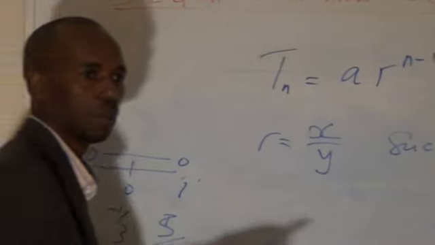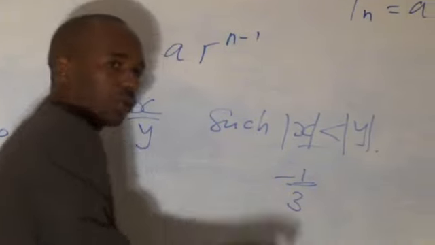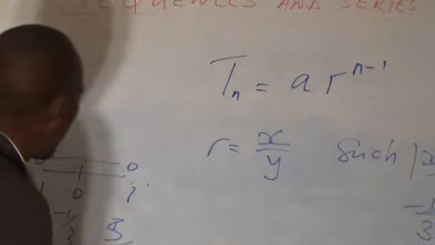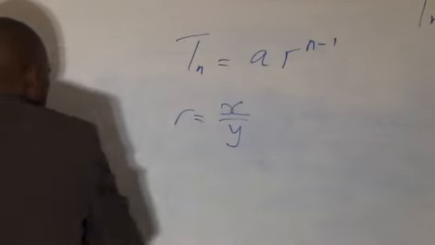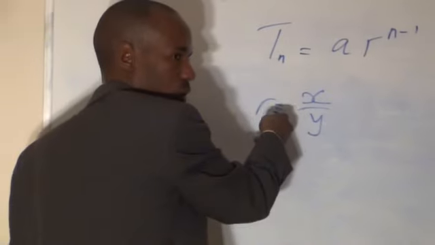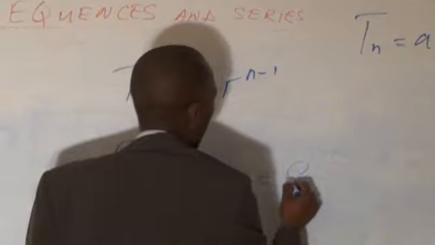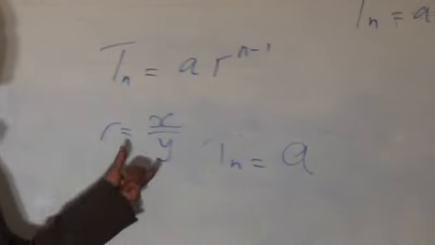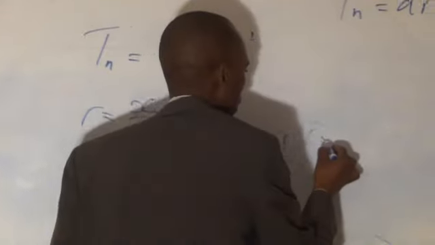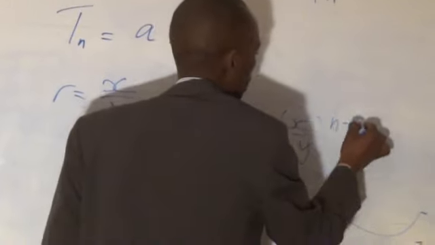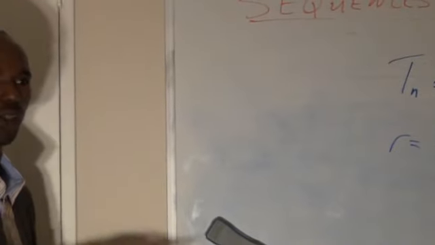If I look at the absolute value of x, it's still going to be less than y. So it's a simple fraction. Now, Tn, therefore, will be equal to a times r, but we're saying that our r, in this case, is this very simple fraction, x over y, to the power n minus 1. Let us see what's going to happen. Is it going to converge?